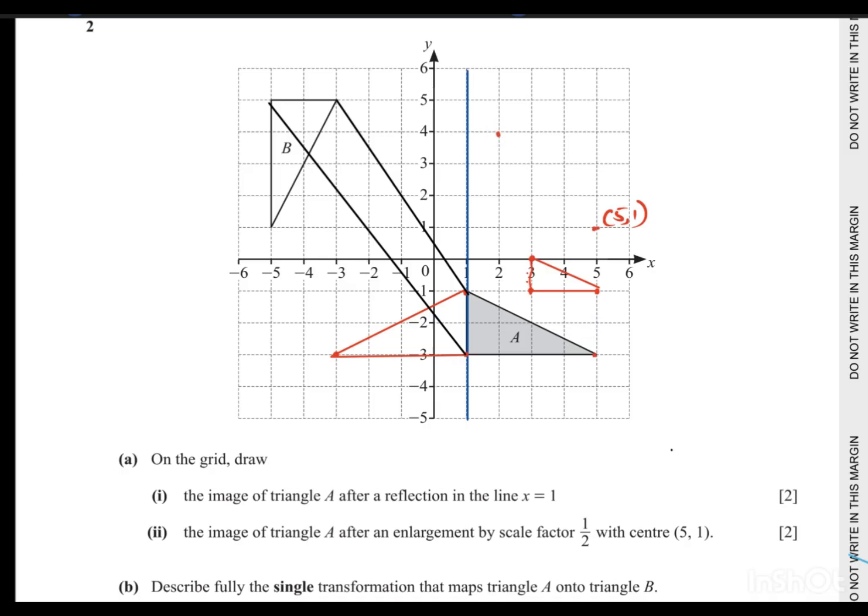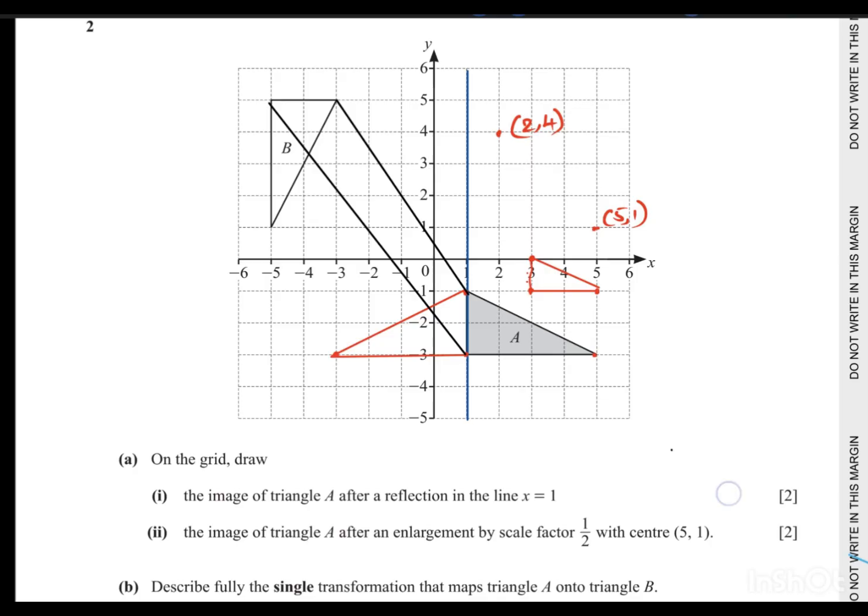Now here I am showing you, but I have already posted videos on how to find the center of rotation. You can go through them, or if you want the particular question, I will definitely post it. If you comment, I will show you the video. So after drawing the perpendicular bisectors, they meet at this point, so this will be the center of rotation.